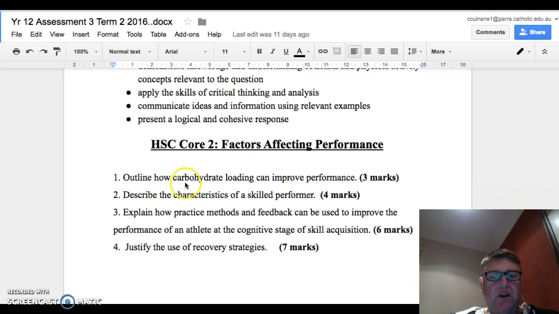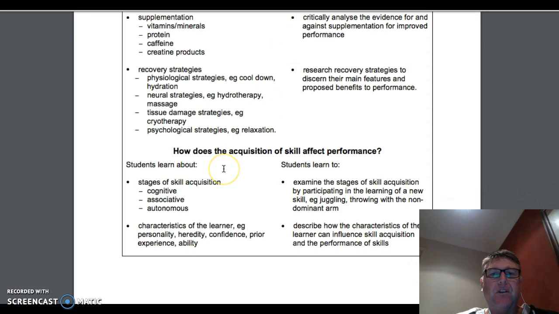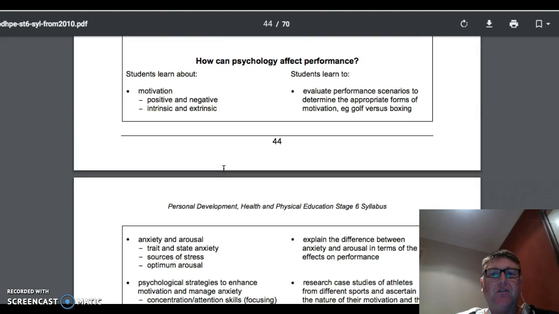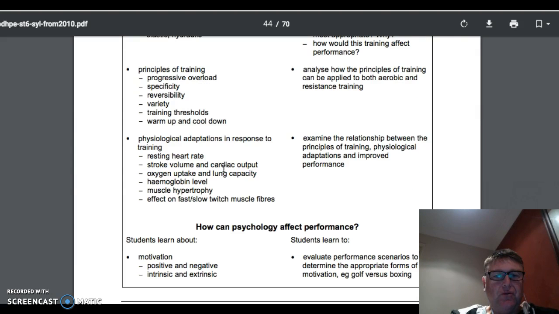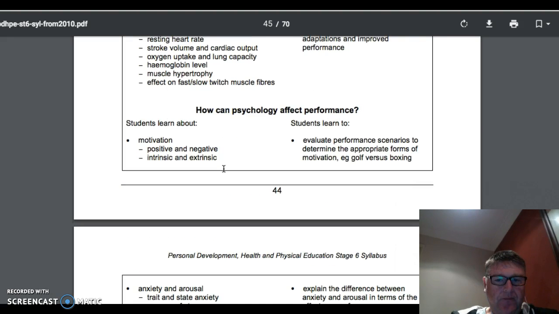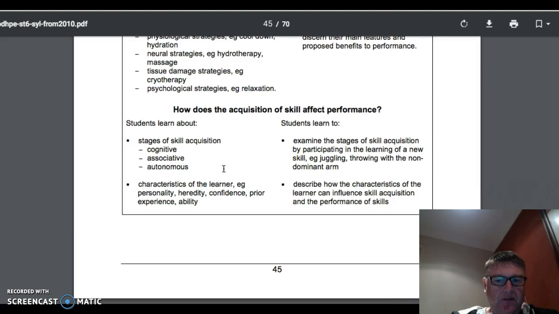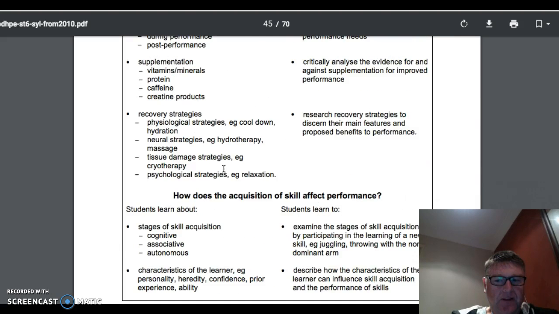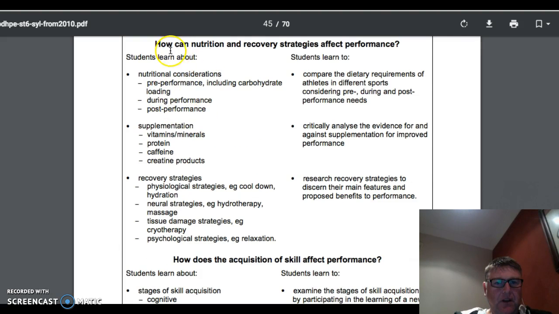First, question number 1: outline how carbohydrate loading can improve performance. It's a 3-mark question. The dot point that it comes from is in relation to the key or the critical question: how can nutrition and recovery strategies affect performance?